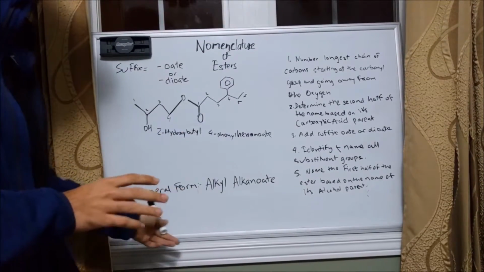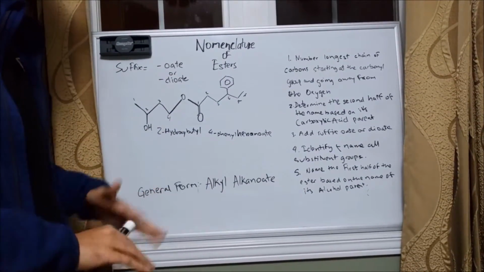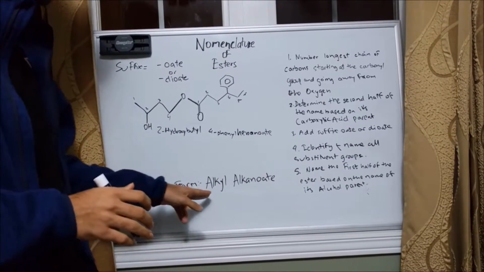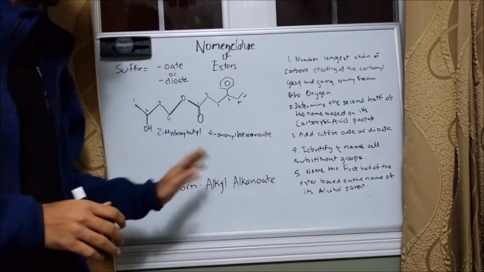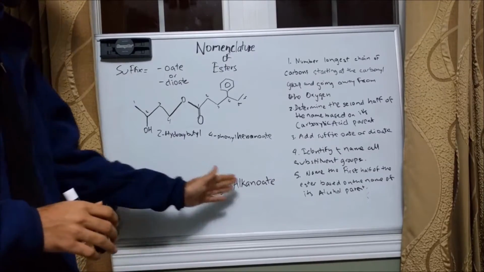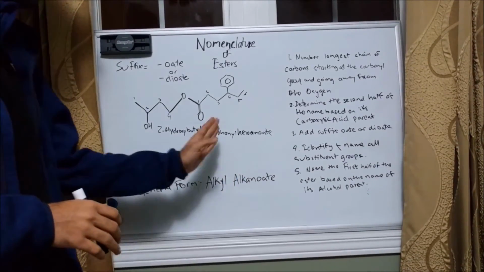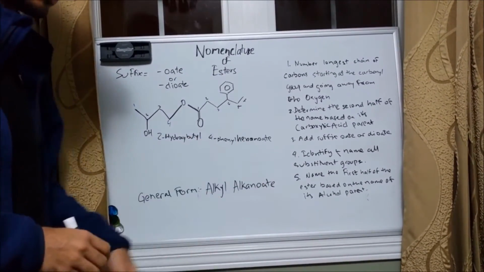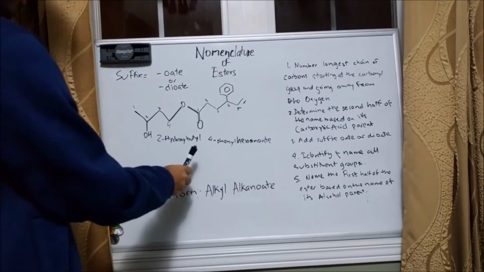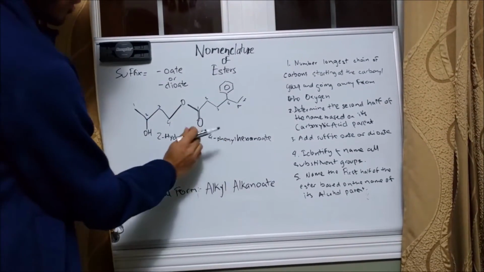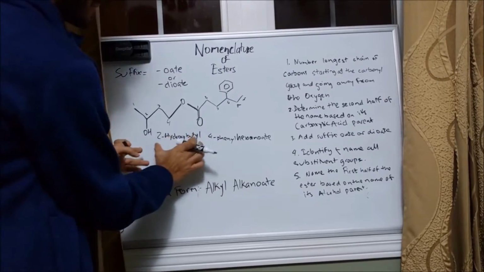Now, the general form for the name of an ester will always be alkyl alkanoate. It'll always look like this, alkyl alkanoate. It could be propyl butanoate, butyl propanoate. And as you can see, there's no dash over here. These are two separate parts of the name.